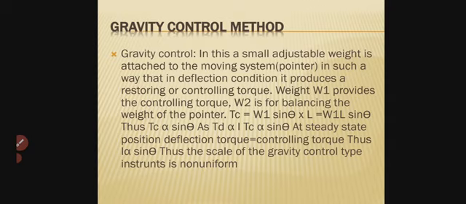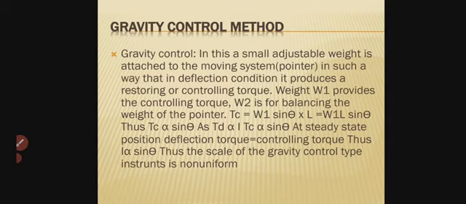A small weight is attached to the moving system, which provides the necessary controlling torque. In the zero position of the pointer, the control weight hangs vertically downward and therefore provides no controlling torque. However, under the action of deflecting torque, the pointer moves from the zero position and the control weight moves in the opposite direction.